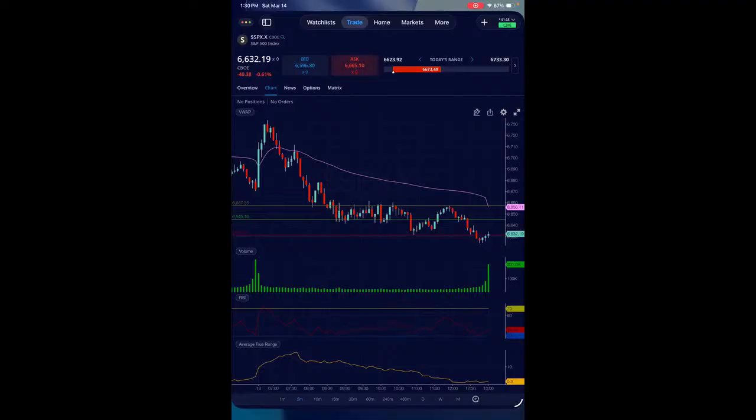That is enough time to determine what their intentions are. If we're looking at the 5-minute time frame and we see a solid candle below or above the VWAP line, then we can determine the bias.